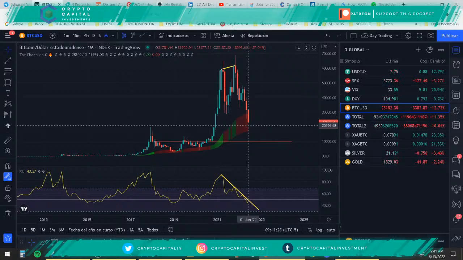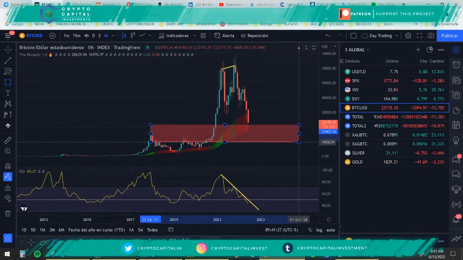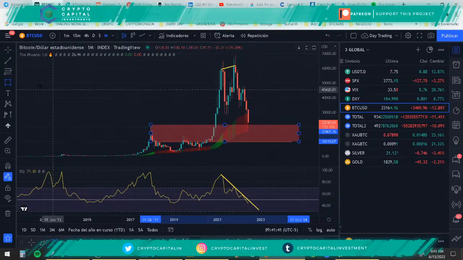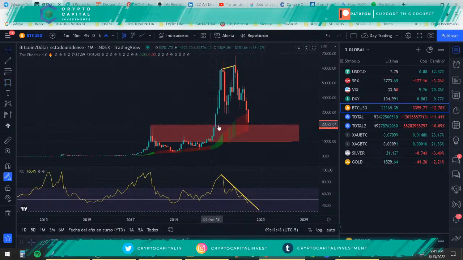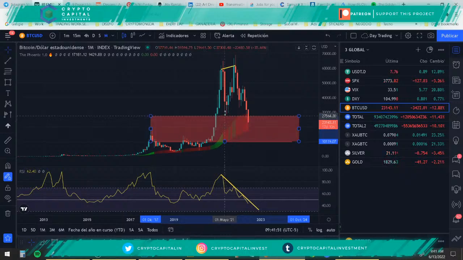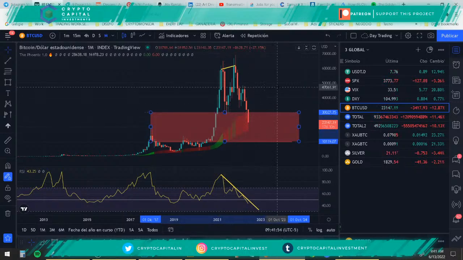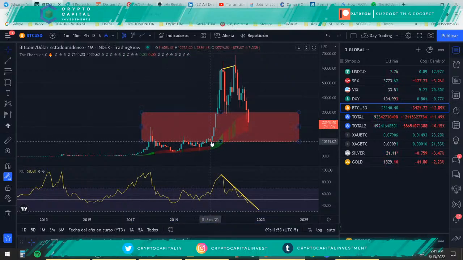This is the golden area. This is the golden zone, right here. Golden pocket. I will say between here and here, so I can expand this a little. This is the golden arc. We have not been in this area for a long time.